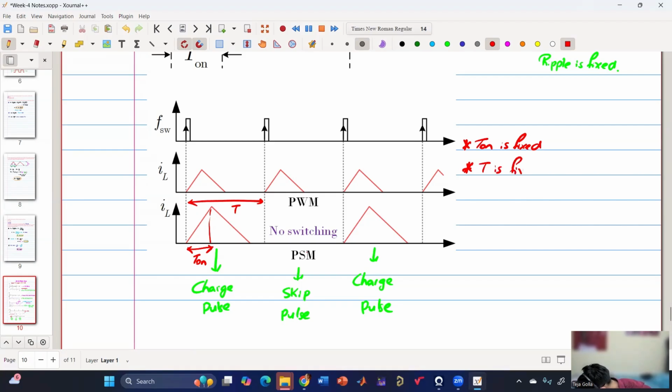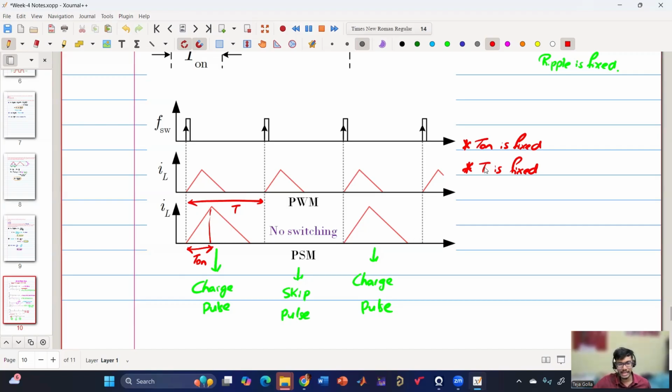So what is varying here? Whether the charge pulse should go or not, that is varying. If you see in this below case, the effective time period is this entire time period, right? But for one charge pulse, the time period and on time are fixed. The effective time period can vary depending upon whether we are charging or skipping.